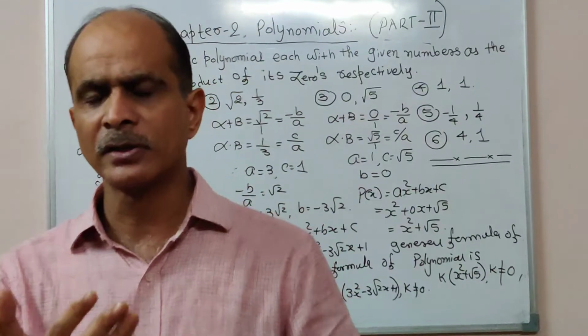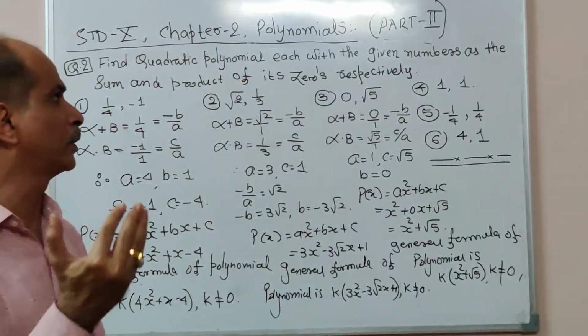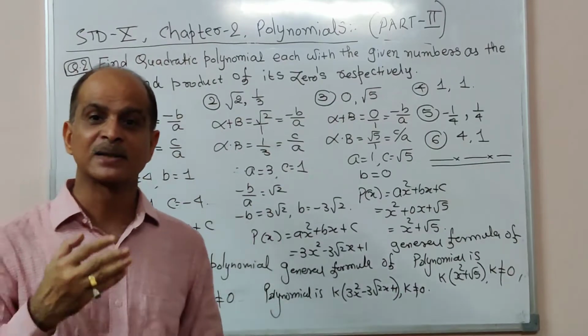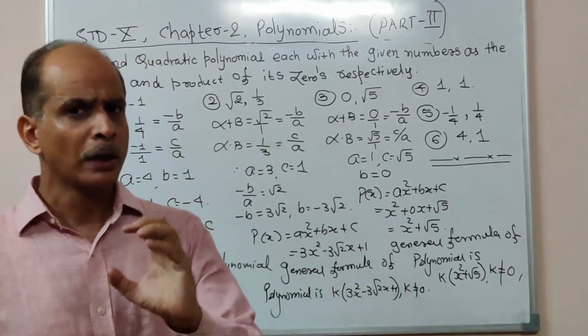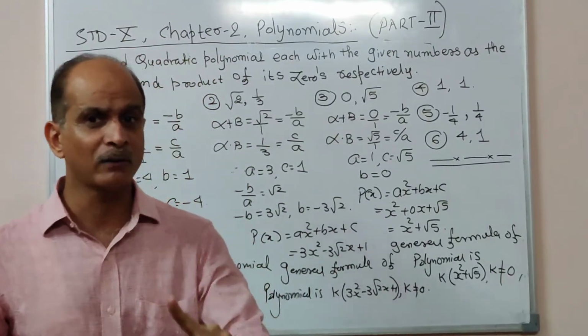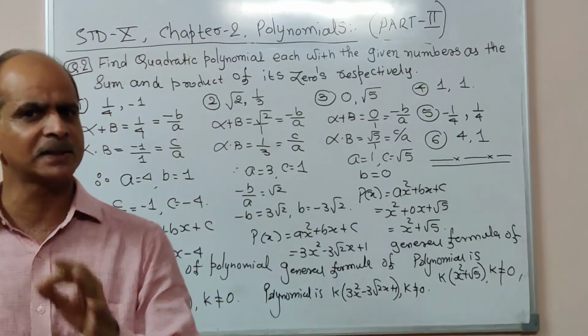You know the general form of a quadratic polynomial is ax square plus bx plus c. So in this example, your aim is to find the values of a, b, c.